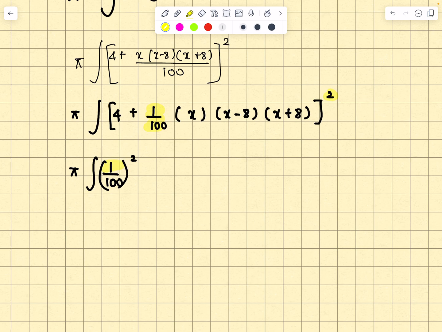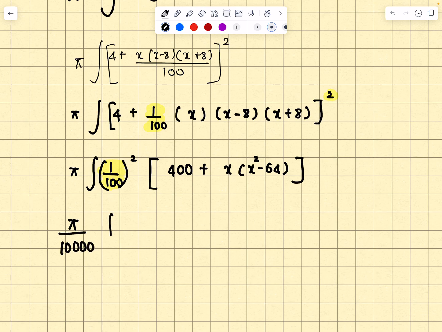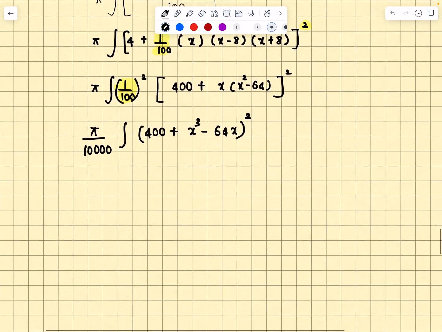Inside the bracket, I'll have 400, because I've taken a 1 over 100 out. That's 400 plus x times x squared minus 64. I've just simplified that. So that's going to be pi over 10,000. And then I'm going to have 400 plus x cubed minus 64x. And then square. We haven't squared it.